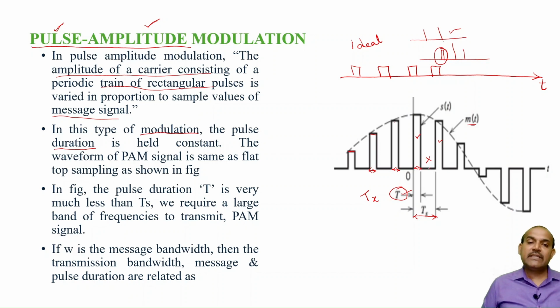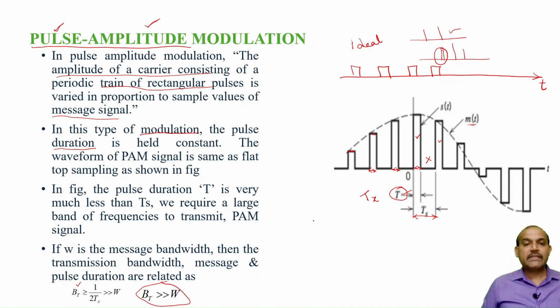The bandwidth requirement of pulse amplitude modulation is very large compared with the message signal bandwidth, roughly on the order of 1/t.